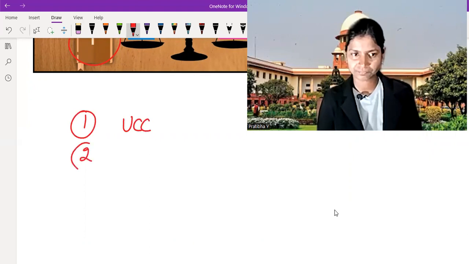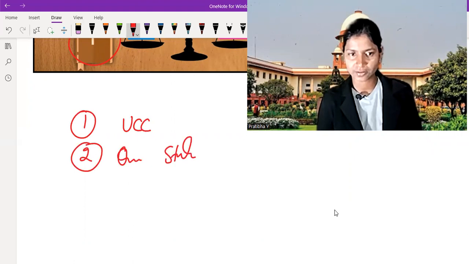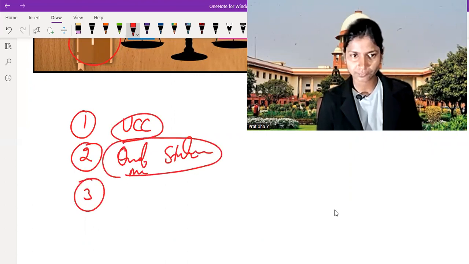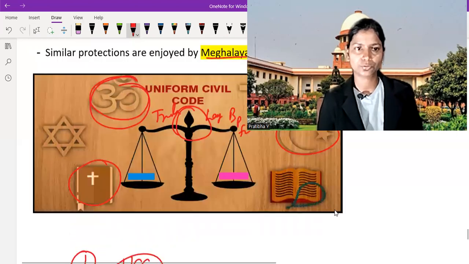UCC, qualification of members of state legislature, preamble, and what are the other two?